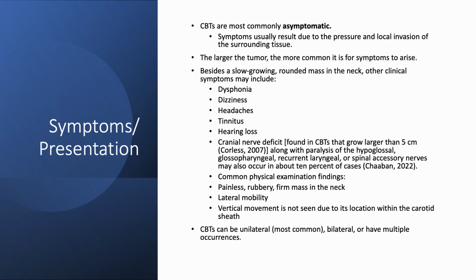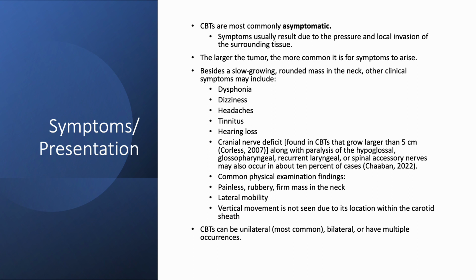So looking at the symptoms and presentation of carotid body tumors, they are most commonly asymptomatic. The symptoms don't usually result until there is pressure and local invasion of that surrounding tissue. So really, the larger the tumor, the more common it is for symptoms to arise.